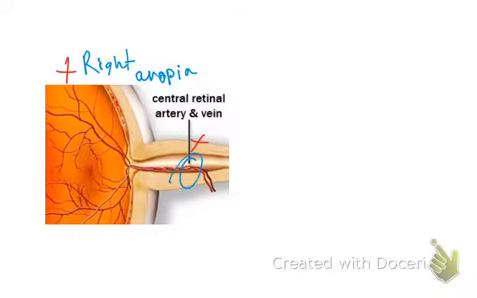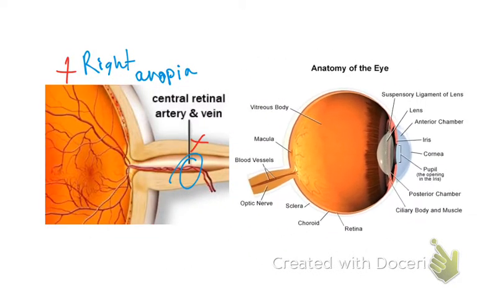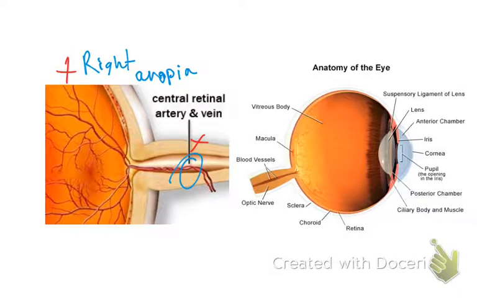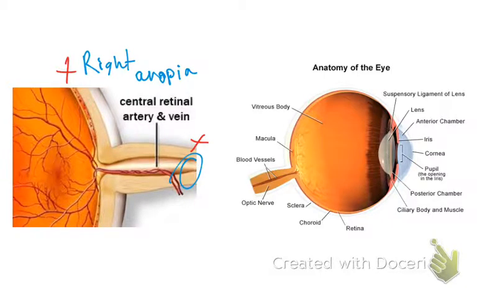I think it could be a good idea if we just see a picture of the eye, so how the eyes work, or the parts of the eye. So here it is, the eye. Let's just move this a little bit.